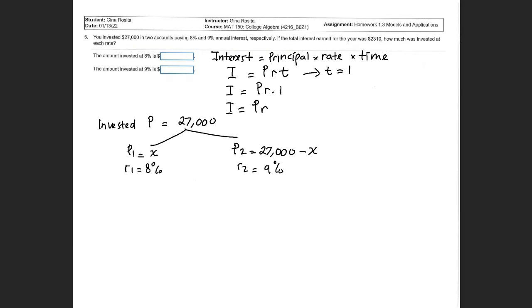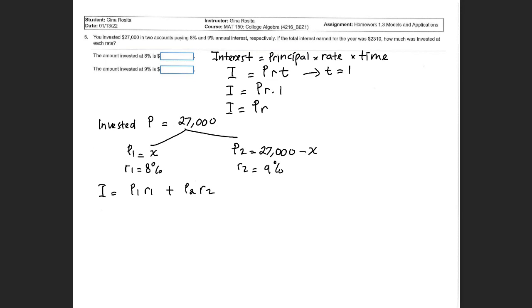Now look at the formula. Because there are two accounts, I can write I equal P1R1 plus P2R2.